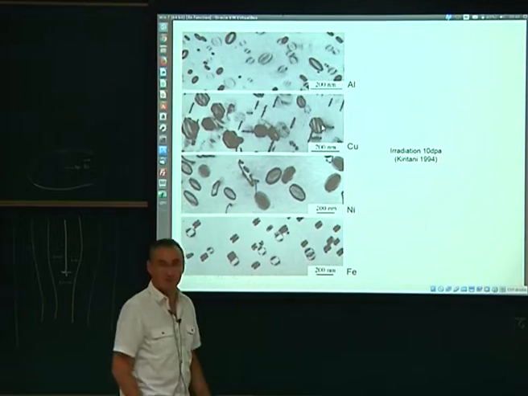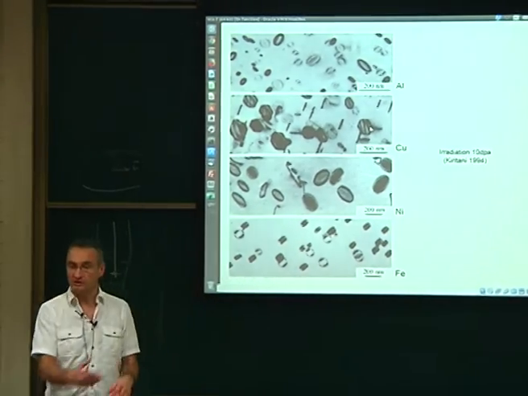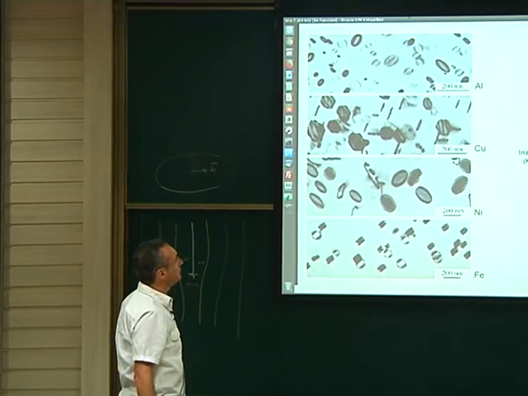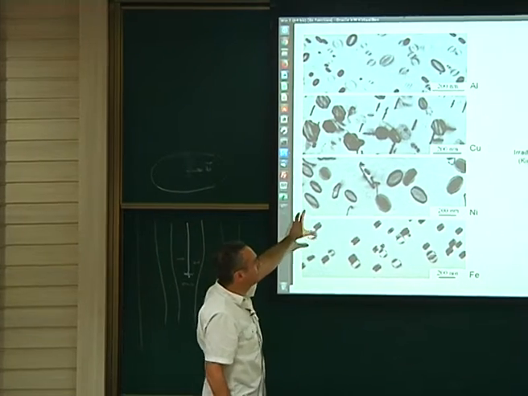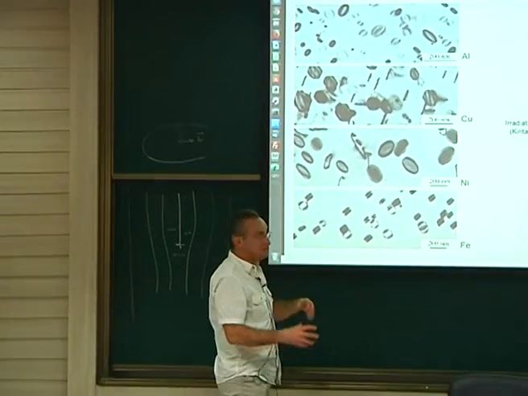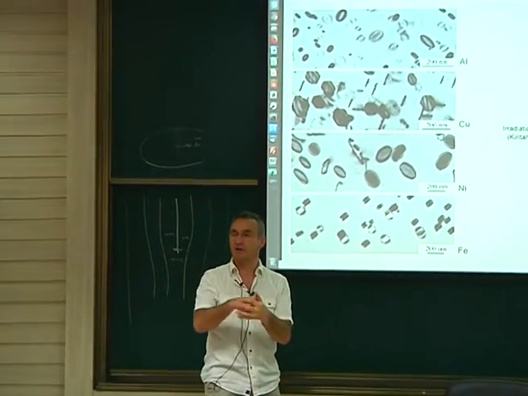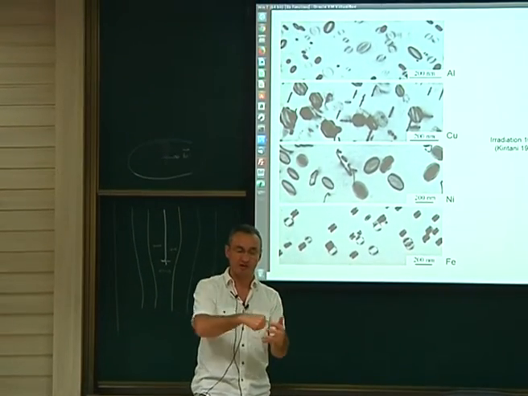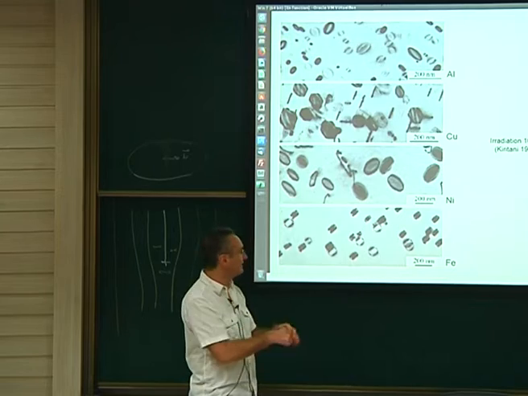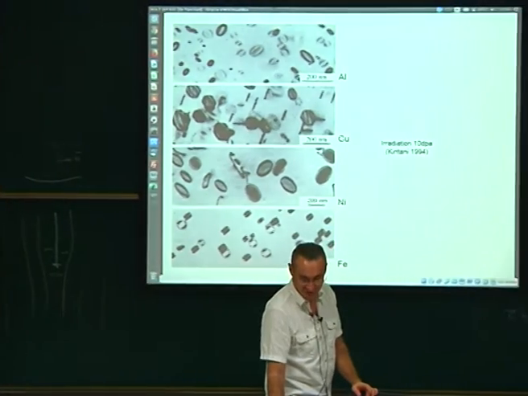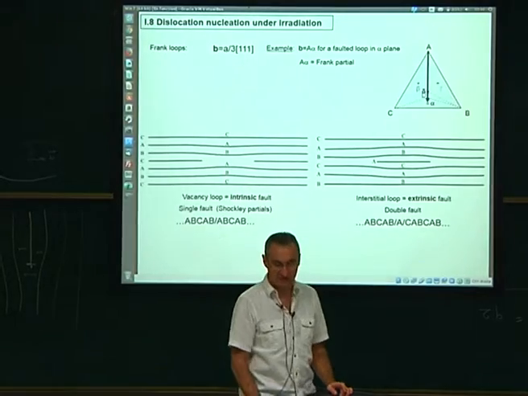In the case of faulted loops, in TEM it appears as strips, or coffee bean for the top one. Those loops are created just by irradiation with ions, krypton ions smashed toward the materials, and by cascade they created those defects. So it's not active material, it's just the result of cascade.